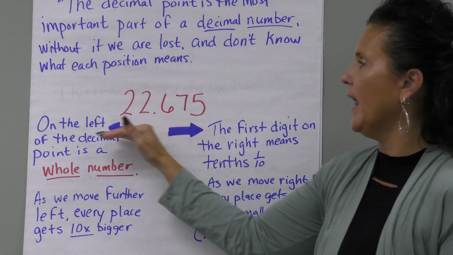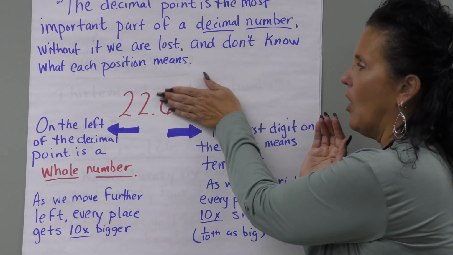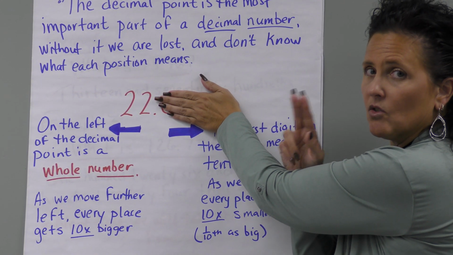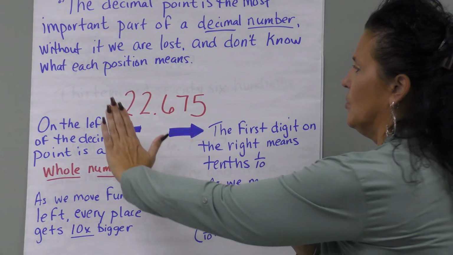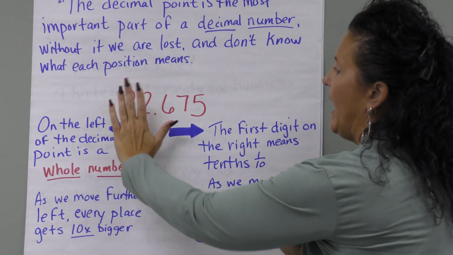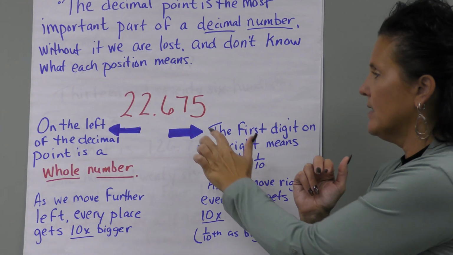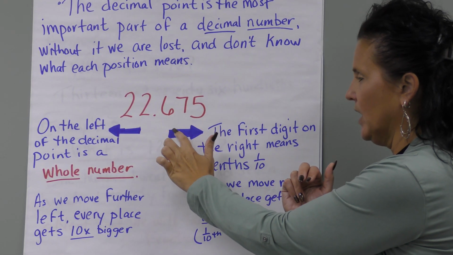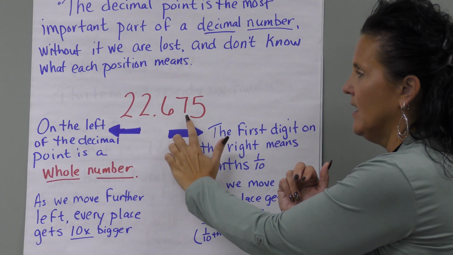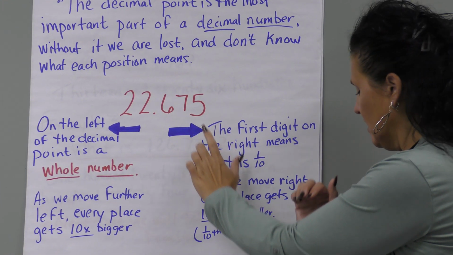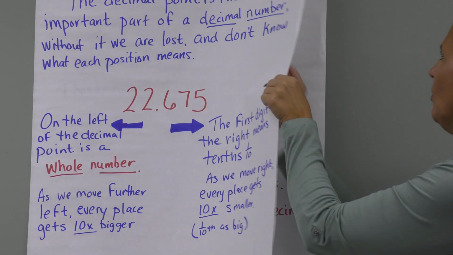If we look to the left, 22 is a whole number. That's just 2 ones and 2 tens, 22. If we look to the right, we have 675 thousandths, because that's our last place when we look here. This is in tenths place, this is in hundredths place, this is in thousandths place. So that's how we would read that decimal.